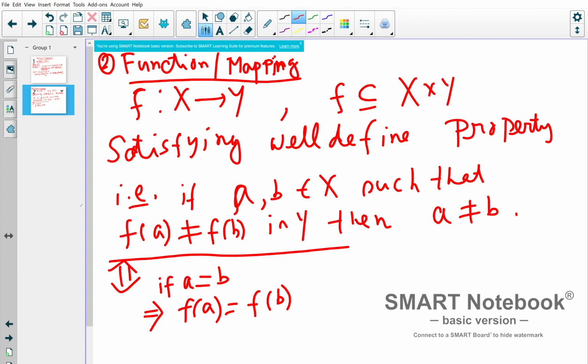You can understand that this property is kind of the opposite of the injective property, which you already learned for functions. I believe you already learned injective, surjective, bijective in school, so I'm not going to discuss those things again. This is all basic.